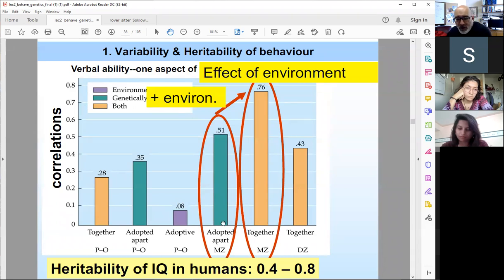That's adopted apart. And these are the monozygotic twins that are raised together. This difference shows you the effect of the environment. That is the difference between these two groups. They're genetically the same, they are monozygotic twins, but they are raised in different environments. Okay, and so that difference between 0.51 and 0.76 is the effect of the environment on verbal ability.